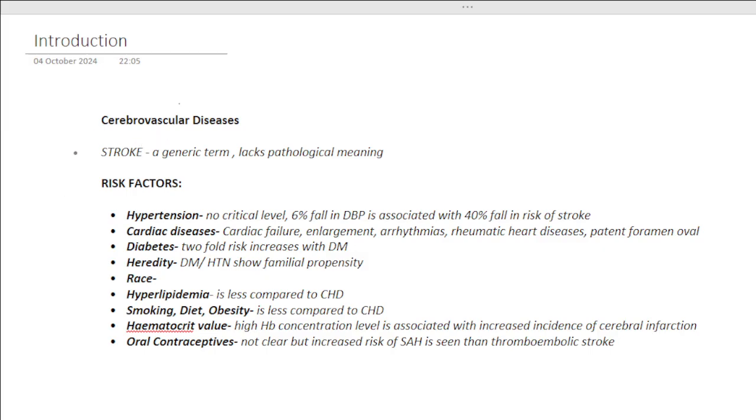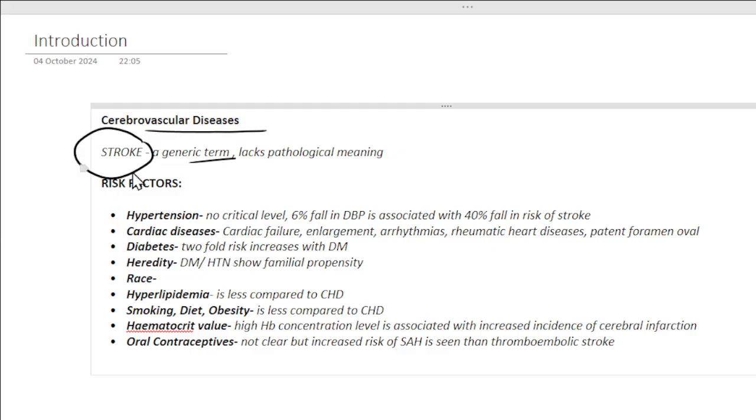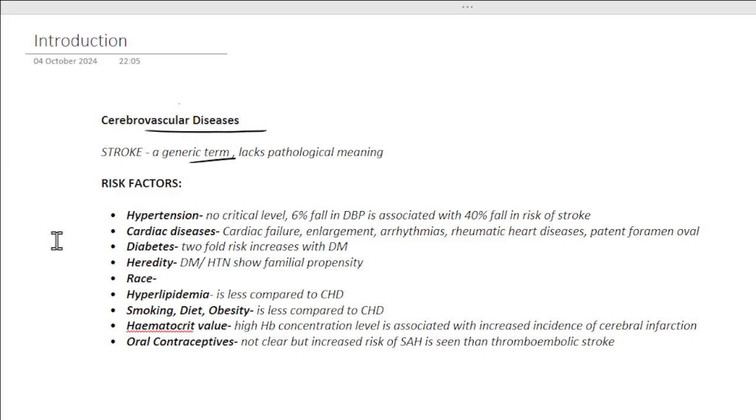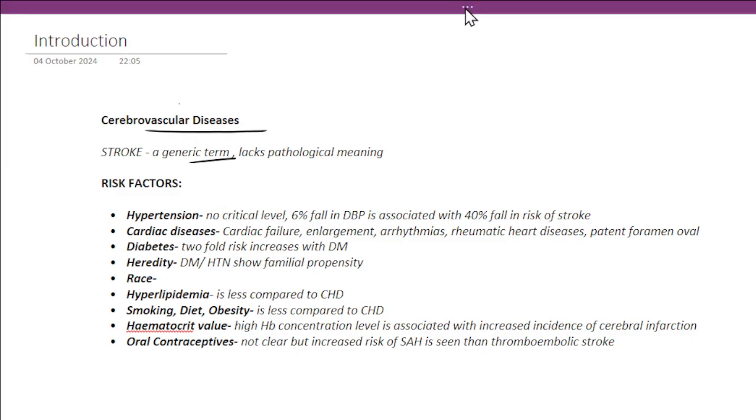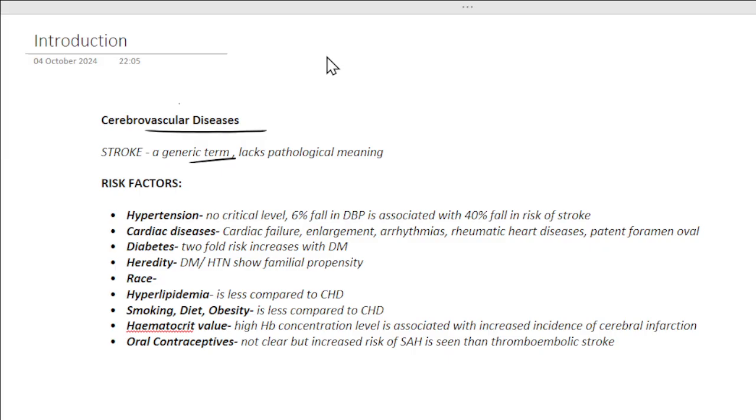Okay. As I said, stroke is a generic term, it lacks pathological meaning. This umbrella term we are going to discuss in detail. These are the risk factors, right from hypertension, cardiac diseases, diabetes, heredity, race, hyperlipidemia, smoking, hematocrit value, oral contraceptives.